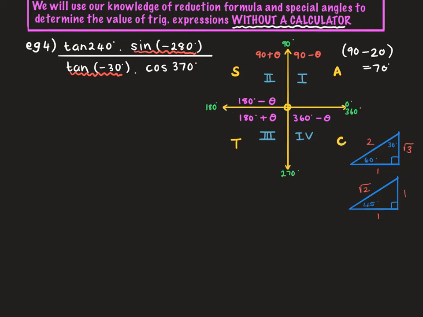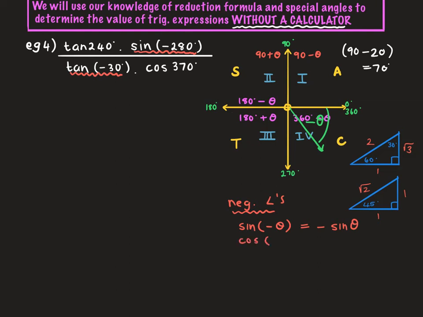So negative angles, we're dealing with quadrant 4 then, right? I haven't drawn it on our CAST diagram, but this is the negative theta quadrant. It's in quadrant 4. And we know that quadrant 4 is where cos is positive. So let's remind ourselves for the negative angles, for sine of a negative angle, for instance, sine of negative theta would come out as negative sine theta.